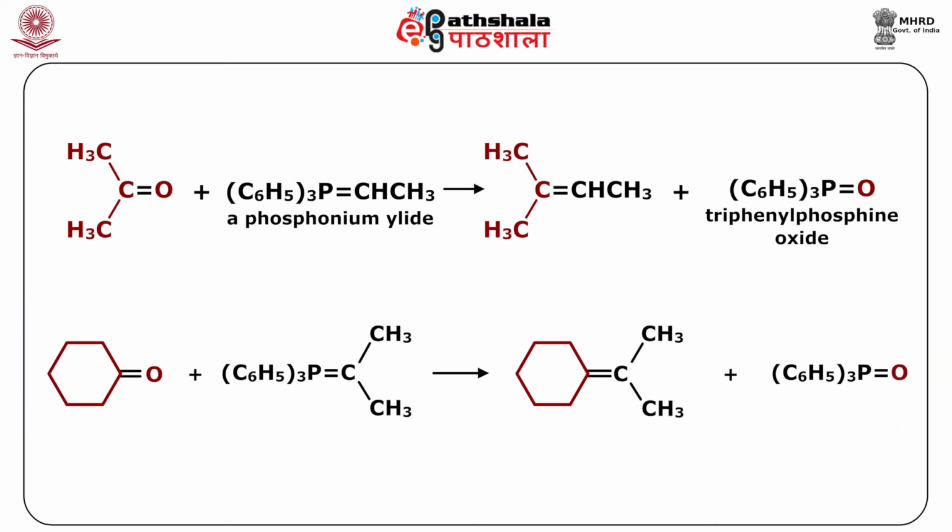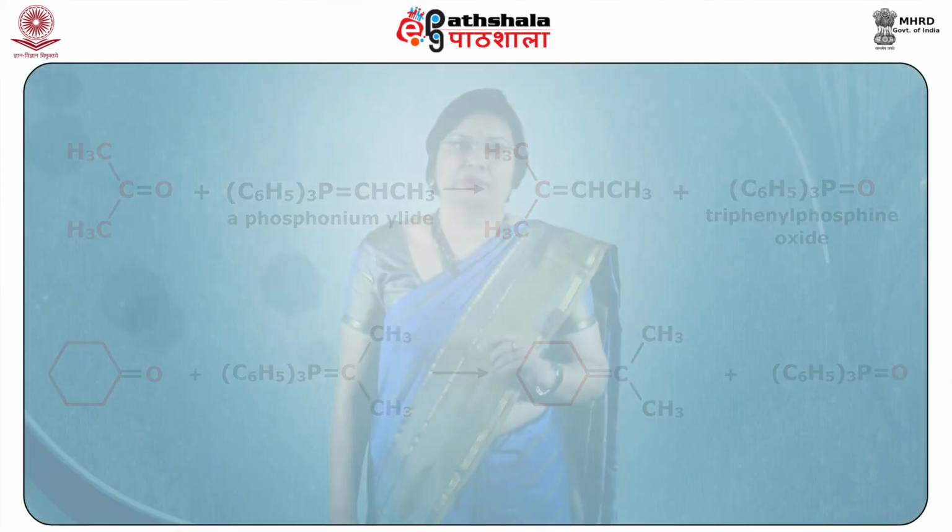And otherwise, if you recall, the exocyclic double bonds are very difficult to prepare, because any other route if you take, you will end up with more stable endocyclic double bonds. So, notice here there is interchange of the doubly bonded carbon part of the ylide with the carbonyl oxygen, and the trialkyl or the triaryl phosphine oxide is the byproduct.